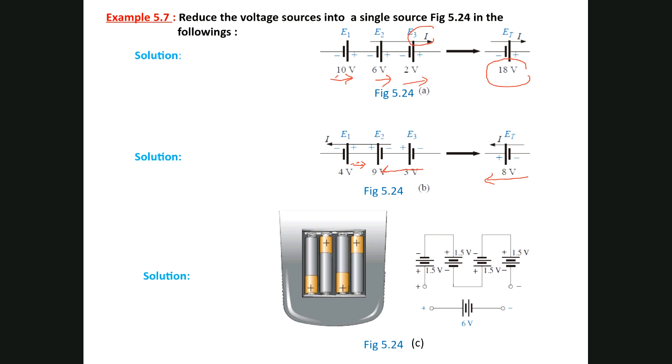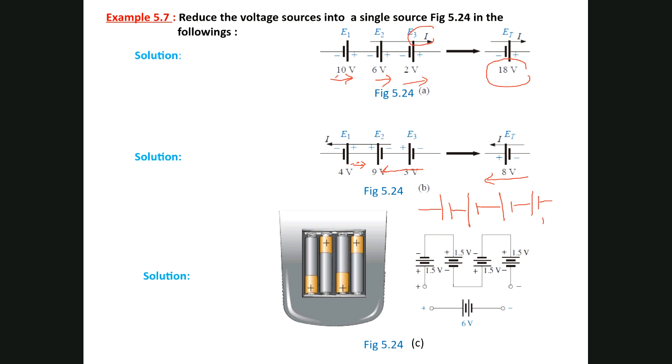It's supposed to be this way. So this is positive, this is negative, this is positive, this is negative, and so on. Okay, so 1, 2, 3, 4. We have 3 batteries here.